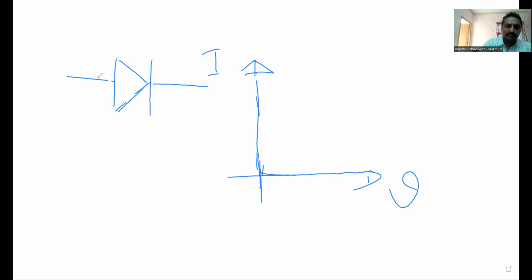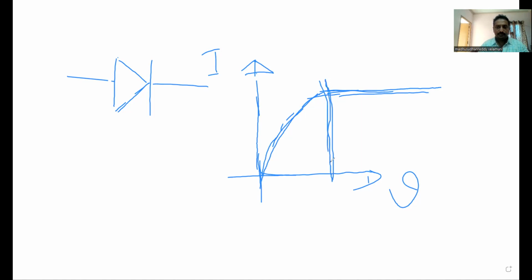Slowly you are obtaining a curve like this. Okay, it's a saturation. This portion up to here is the saturation.